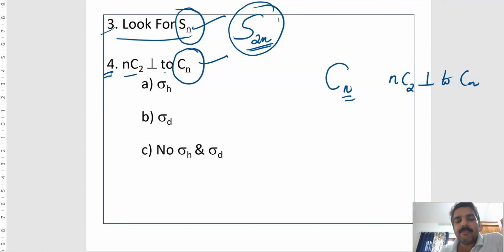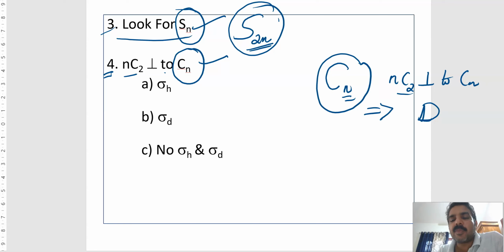Then, as we have already studied, this belongs to the class D group. If the molecule has an nth order rotation axis and there are nC2 perpendicular to Cn, the molecule belongs to the category D.